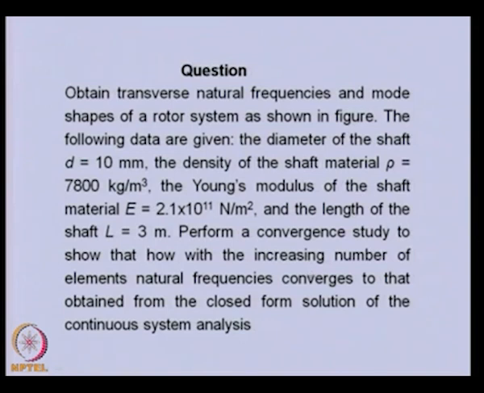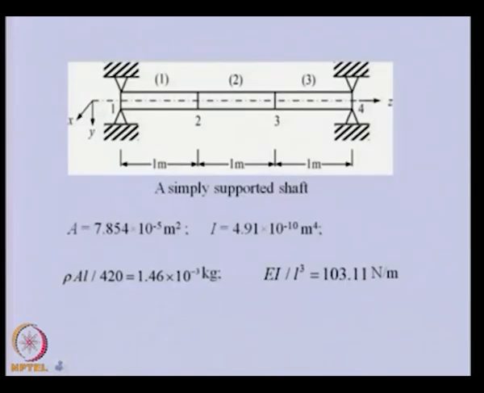We will see how, as we increase the number of elements, the natural frequency converges close to the actual values, because for this simply supported case we already obtained the closed form solution for the continuous system. So we will compare the finite element results with the closed form solution.